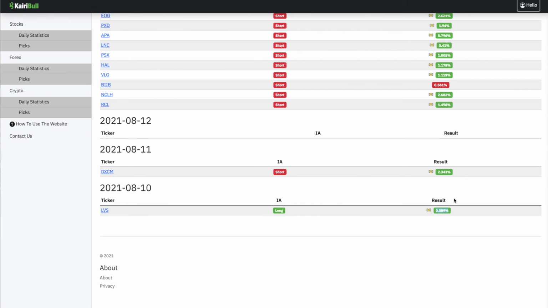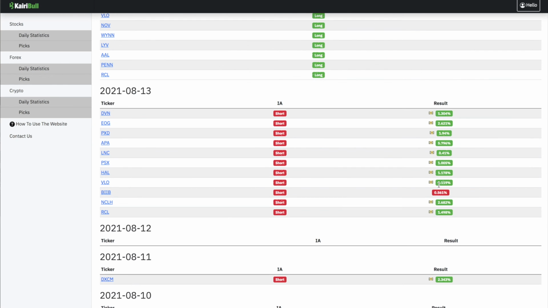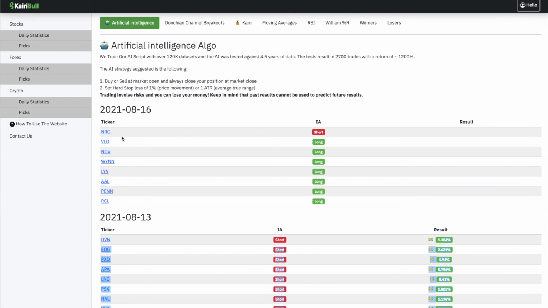As you can see here, it's working phenomenally well. I don't expect this to go like it's insane, like day 14, we get 11 wins and 1 loss, I believe. And these are the trades that the AI is suggesting for tomorrow.